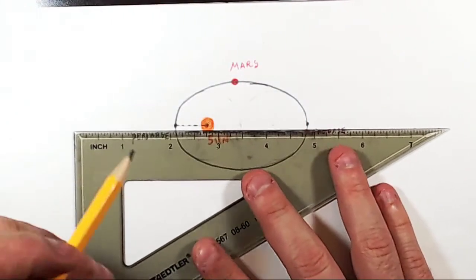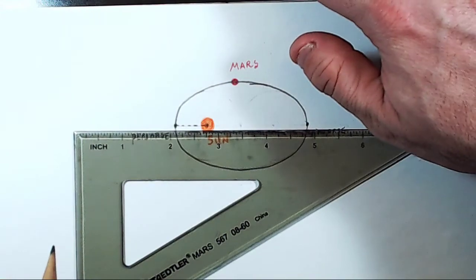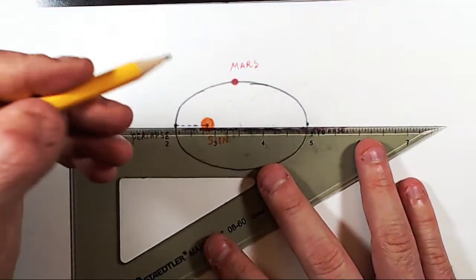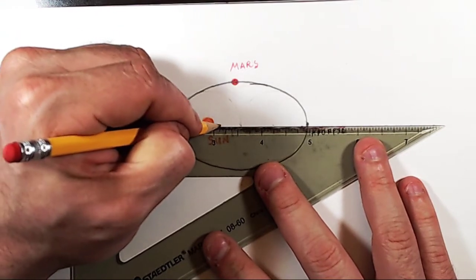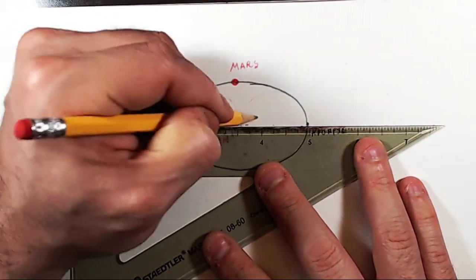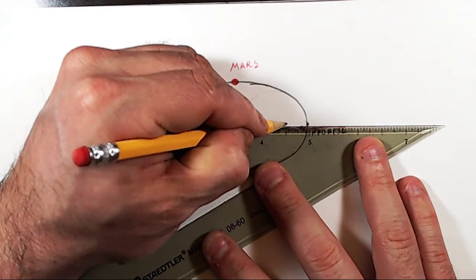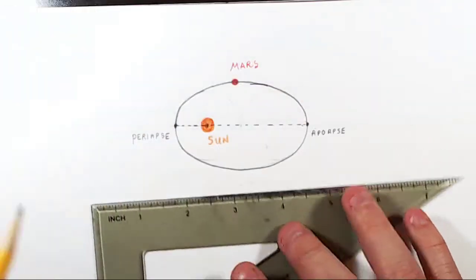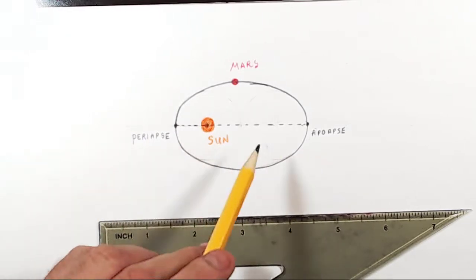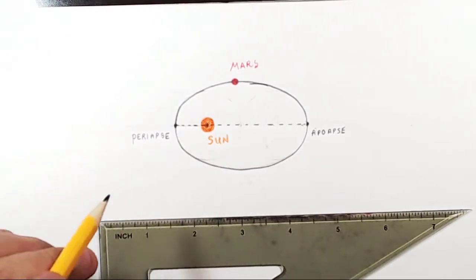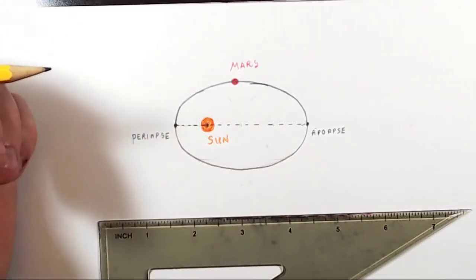All right. These two distances, the periapse and the apoapse distances, together form what's called the semimajor axis.